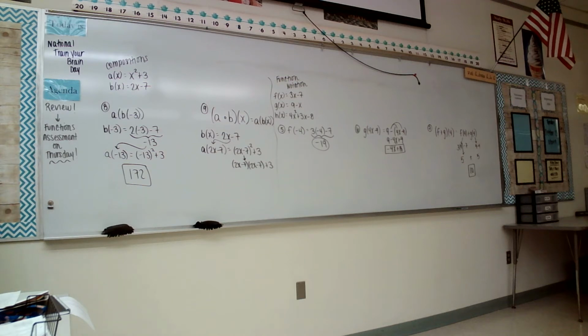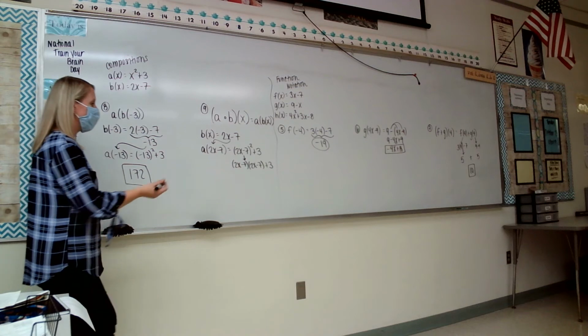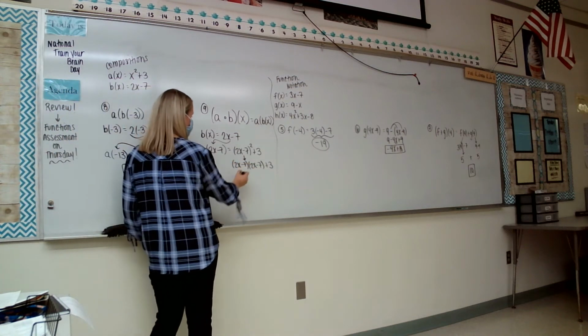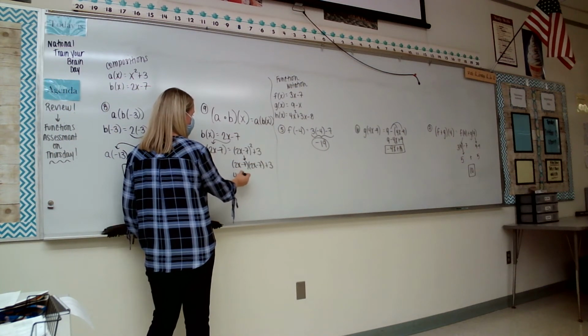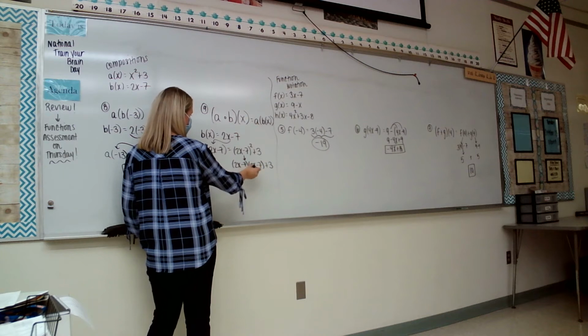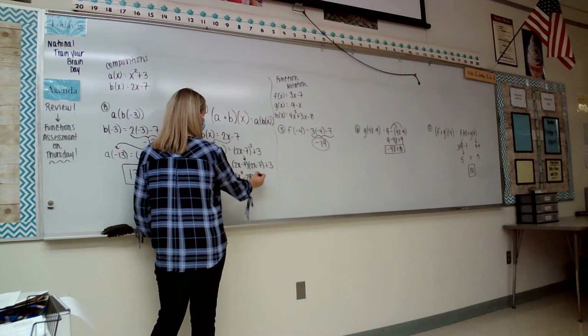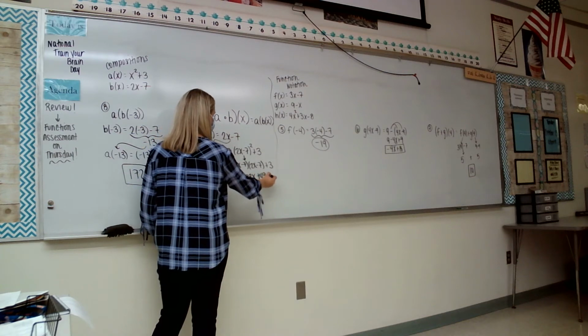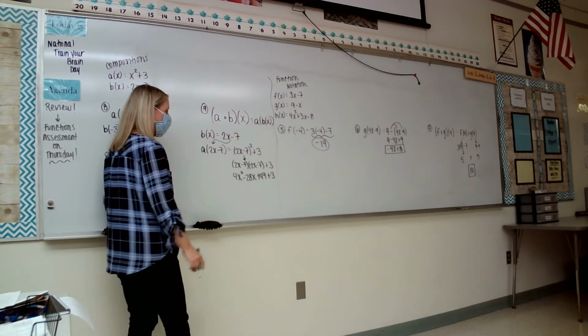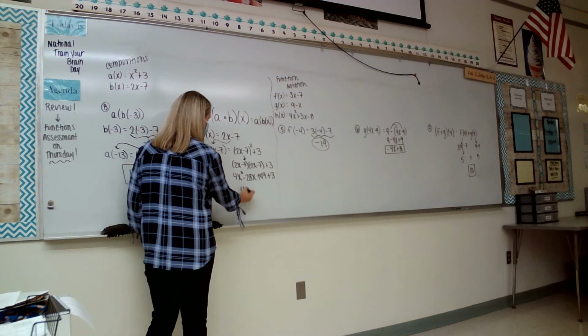If you do something else, that's not going to work. Make sure a binomial squared is multiplied by itself, and then you do your distributing. So that would give me 4x squared minus 14 is minus 28x plus 49. And then we have that plus 3.